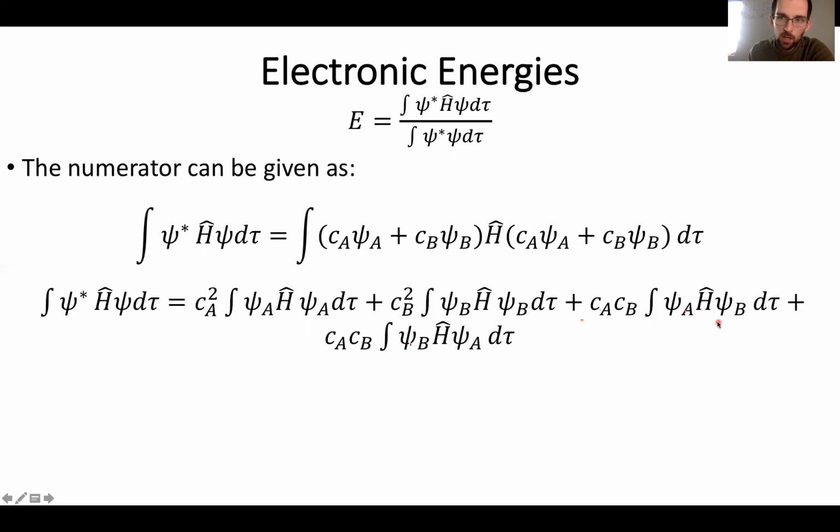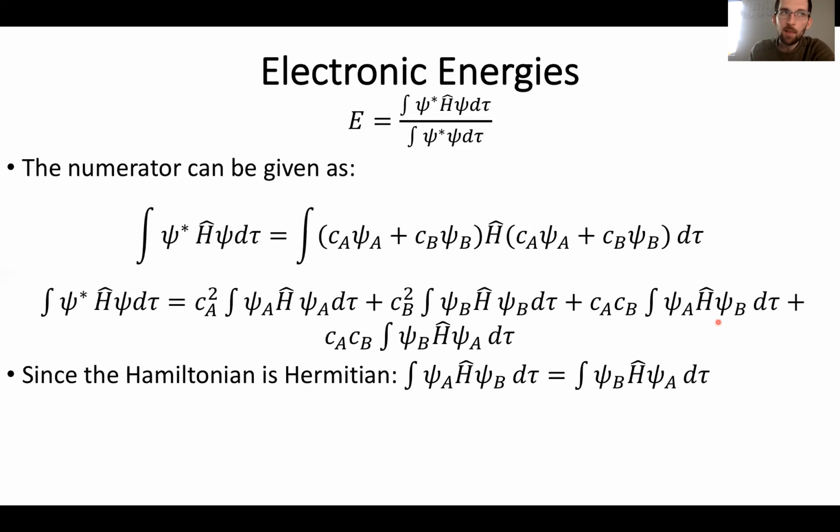Now, this is where we get to go ahead and pull up some of our old quantum mechanical identities. The one we're specifically going to be using is, since the Hamiltonian is a quantum operator, that means it's Hermitian. And more or less, the order in which we apply the operators is going to be equal because our wave functions are real and we've gotten rid of all those nasty imaginary numbers. And by doing so, we don't have to worry about our complex conjugates.